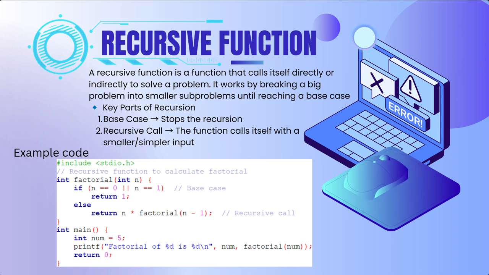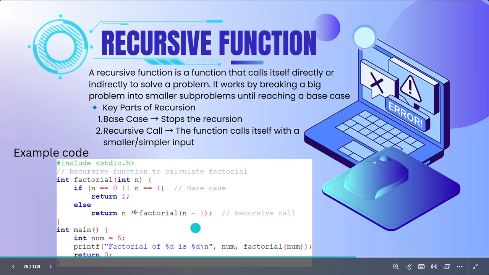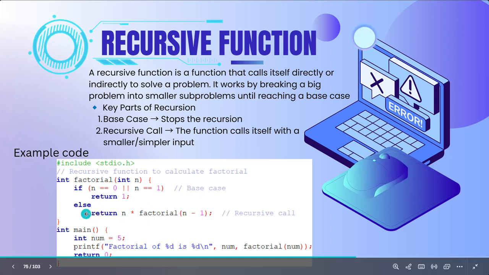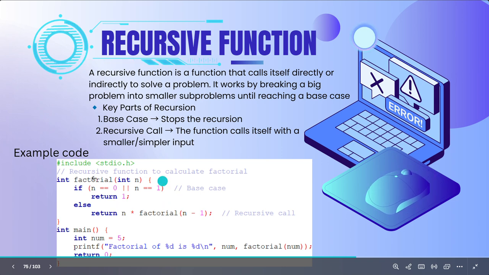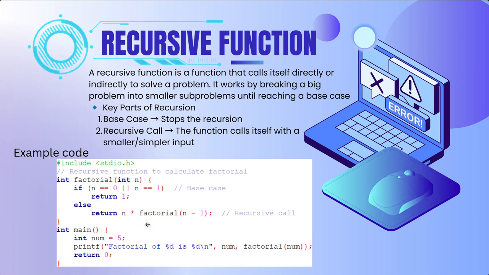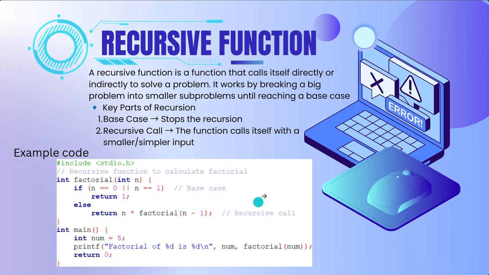Otherwise we come to the recursive case, which keeps on calling itself: return n into factorial of n minus 1. So inside the function factorial, we are calling this function again in the return statement. Inside this function only we are calling it again, so that's why it is called a recursive function. I think it is very interesting to understand.